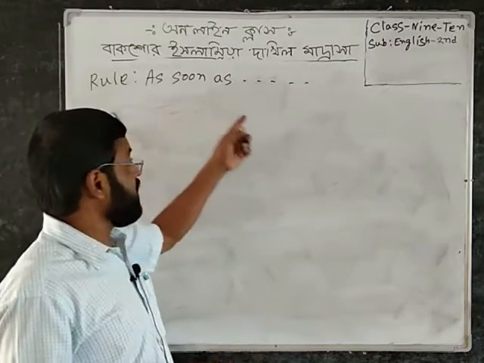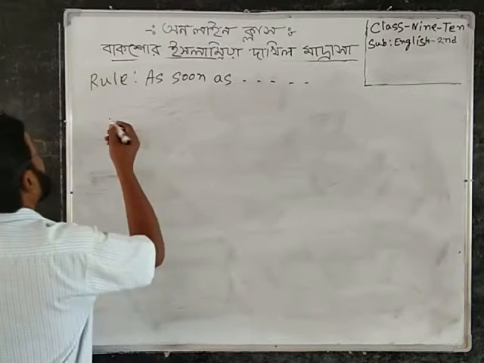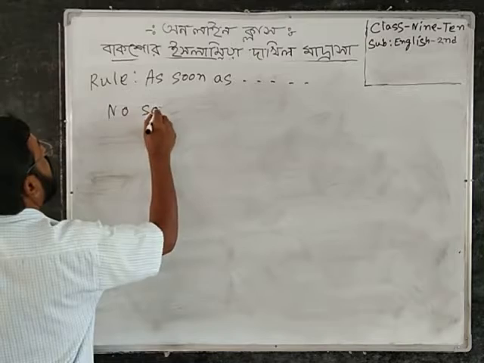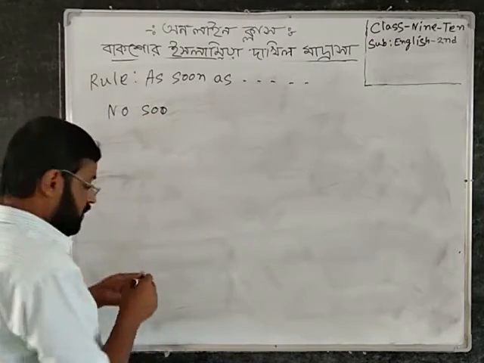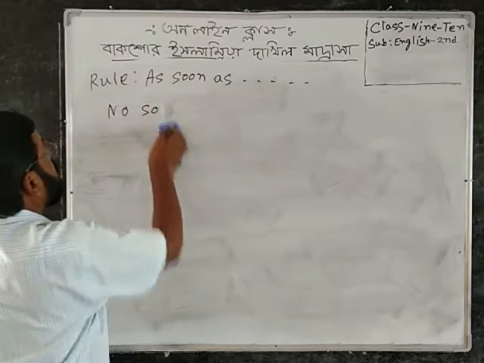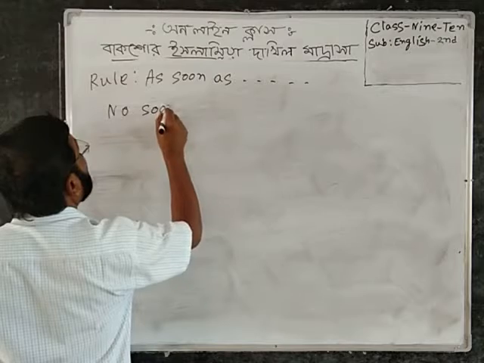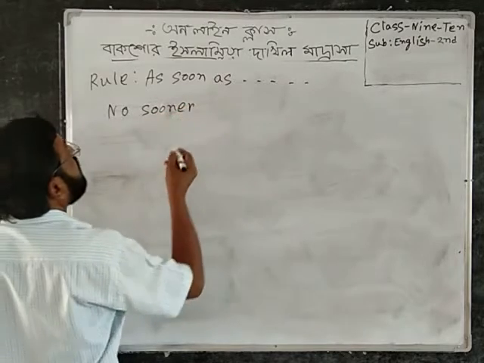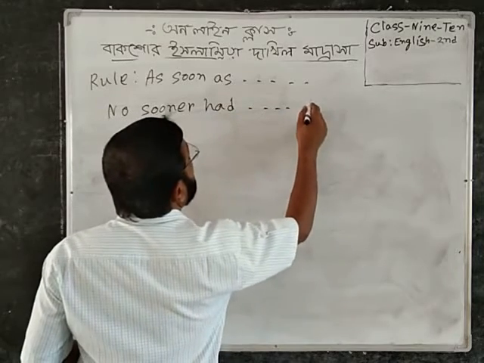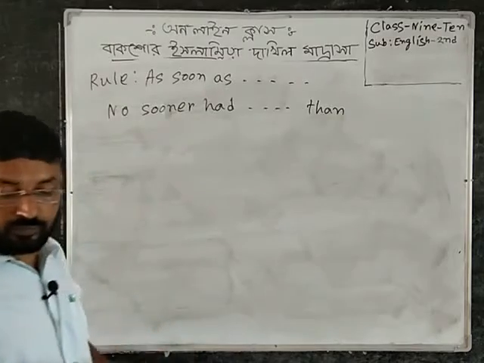If the sentence has as soon as dash, then we can use no sooner had dash than.